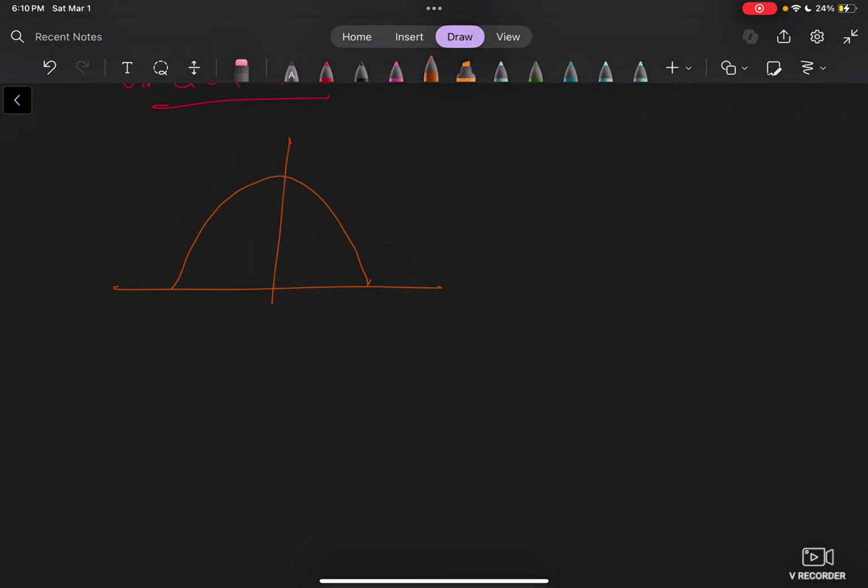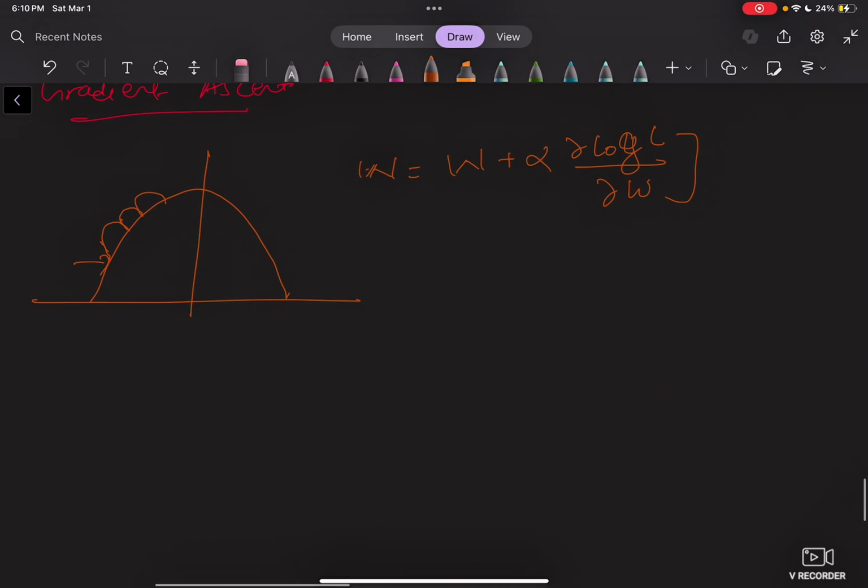So you take some random W, and say you have your learning rate that decides how big or small of a step you're taking, and all you're doing is adding the derivative of log L times your learning rate to the previous W. So it's just like climbing a mountain, trying to reach the highest peak where your model makes the best prediction. So gradient ascent helps you keep going uphill towards the higher likelihood, okay?